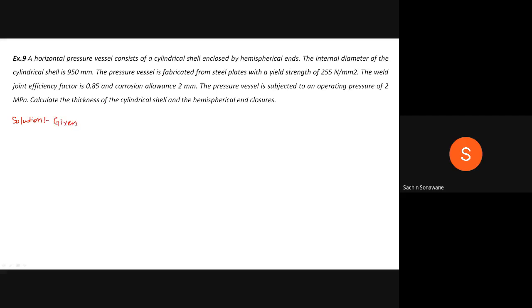Given: Di is equal to 950, Syt is equal to 255 Newton per mm square, efficiency is equal to 0.85, corrosion allowance CA is 2 mm, then operating pressure is equal to 2 megapascal.